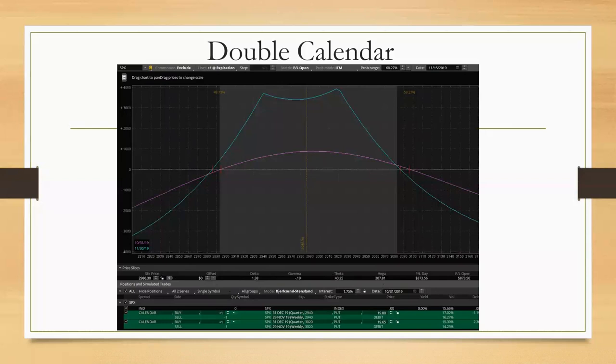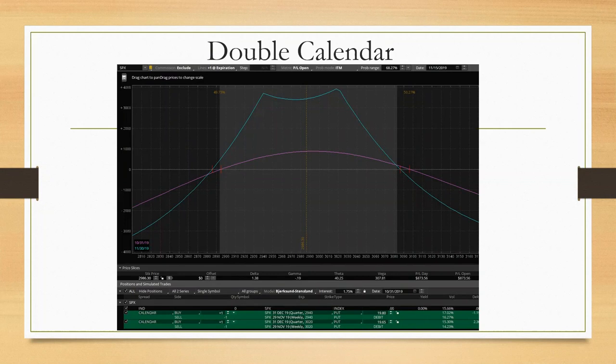Each leg of your trade has its own unique Greek, and this is the composite. Your short leg is positive theta, your long leg is negative theta, and so this trade leverages the time decay differential between your long and your short leg.